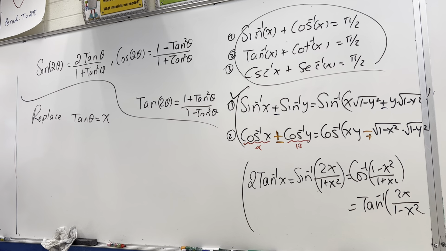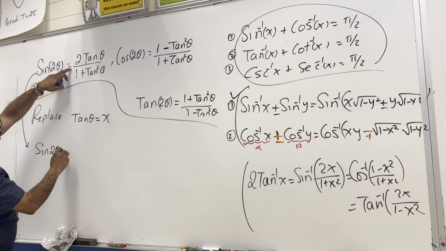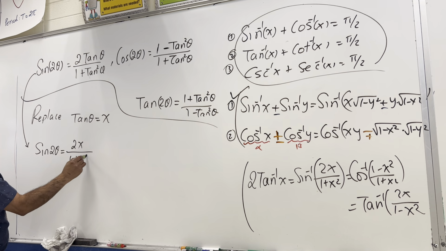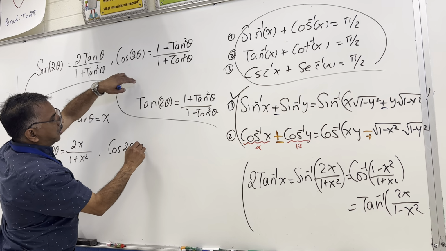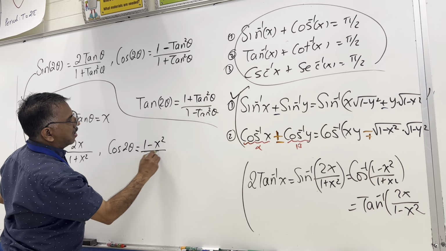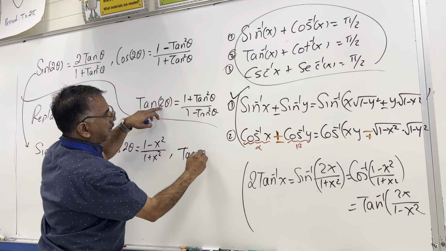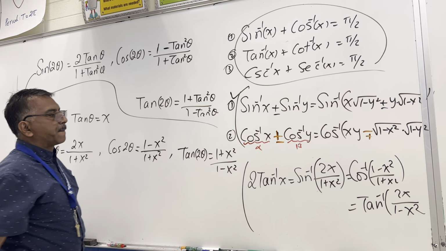Now from here, if I write sine 2 theta, this tan theta is replaced by x, so you get 2x over 1 plus x squared. Cosine 2 theta will be 1 minus x squared, because tan theta is x, over 1 plus x squared. And this tan 2 theta will be 2x over 1 minus x squared.